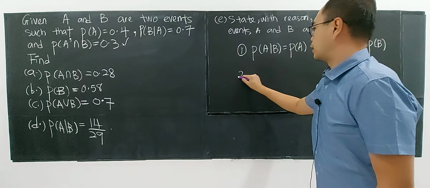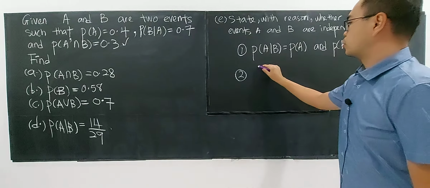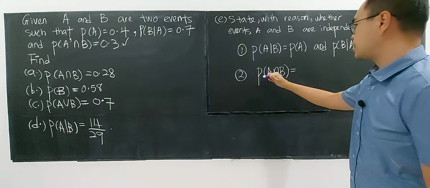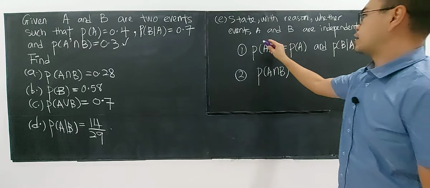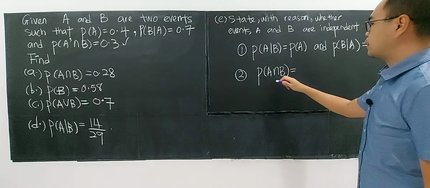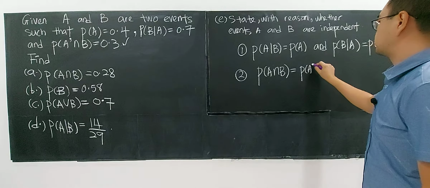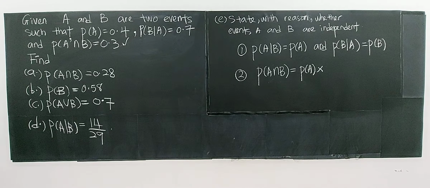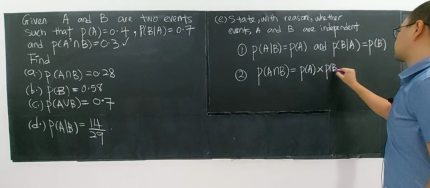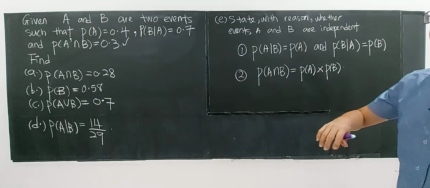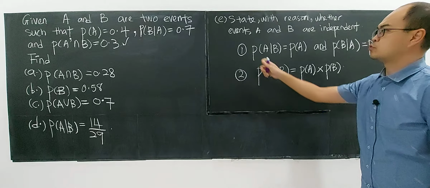Secondly, if event A and event B are independent, they will follow the multiplication rule. This means that the probability of A intersect B will equal the probability of A multiplied by the probability of B. This is also another way to verify, and I already explained in another video why this happens, it's due to the first.